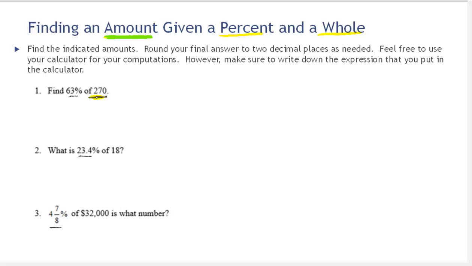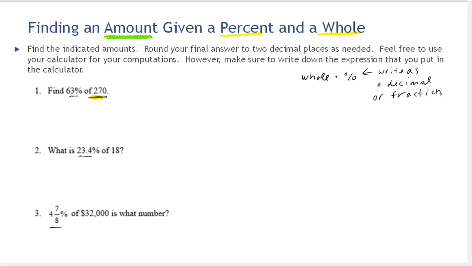So to find an amount given a percent and a whole, we take the whole and multiply it by the percent, which we write as a decimal or as a fraction.